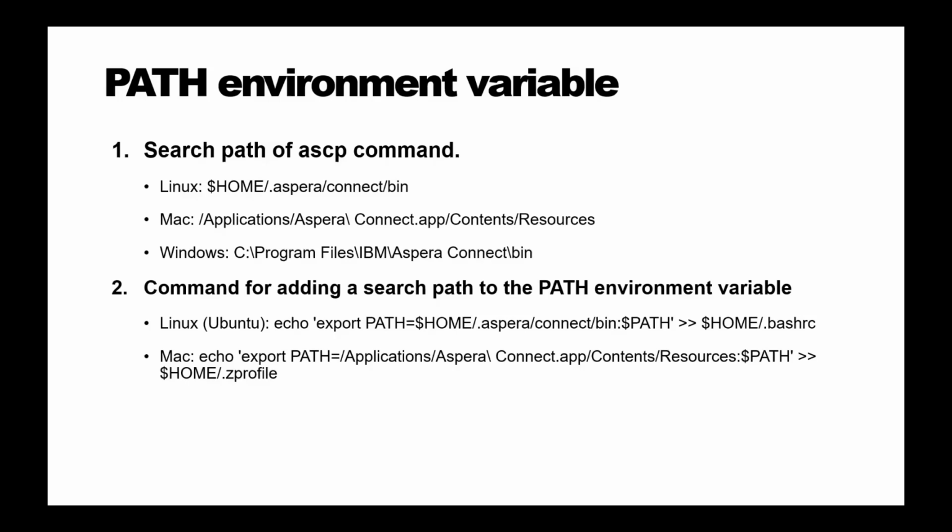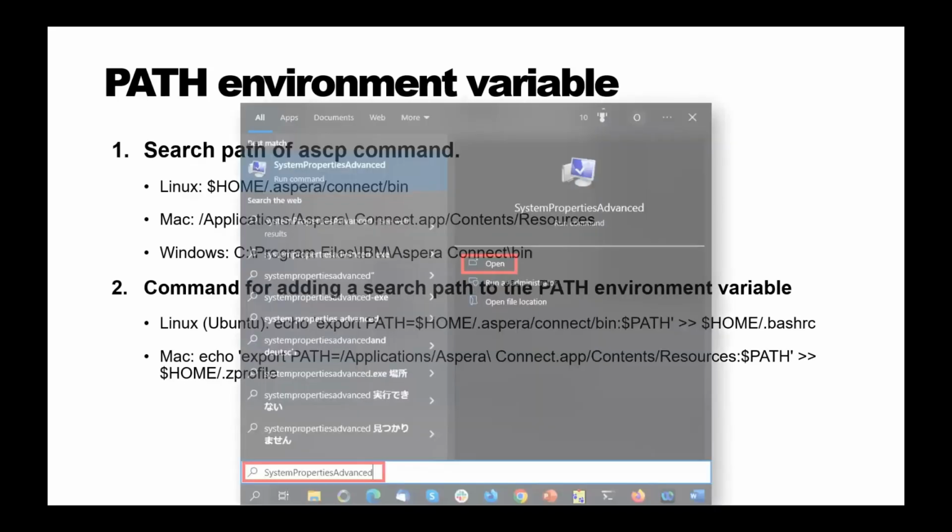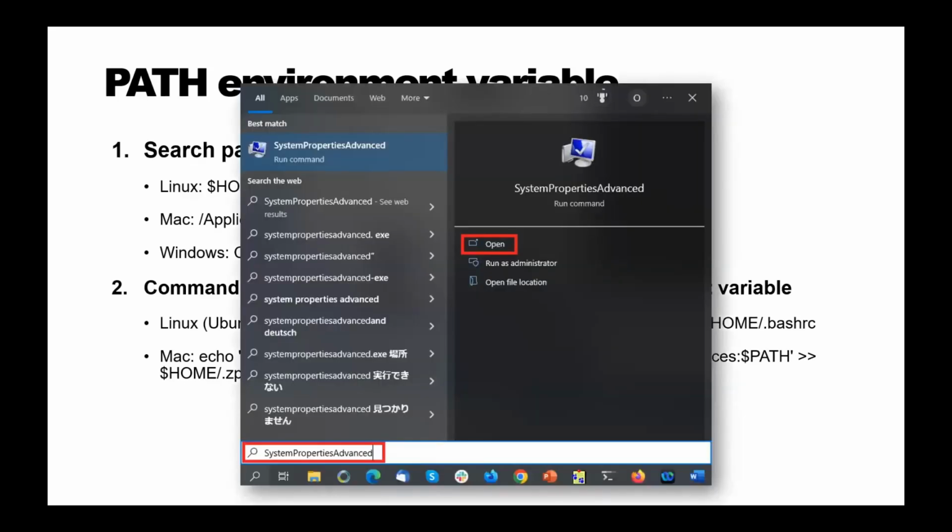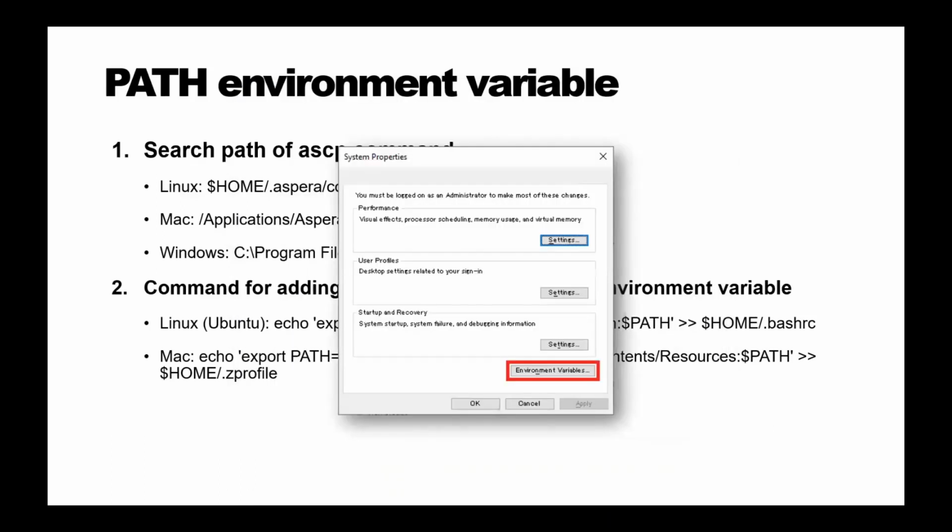In the case of Windows, set the path environment variable from settings. Search for and open System Properties Advanced and click Environment Variables to open the Environment Variables window.